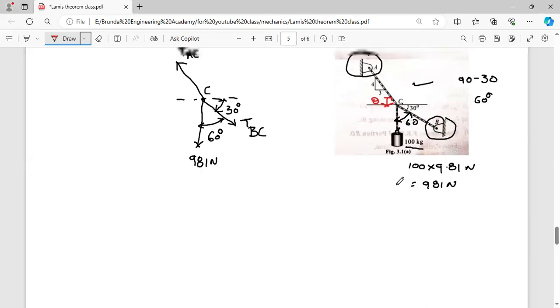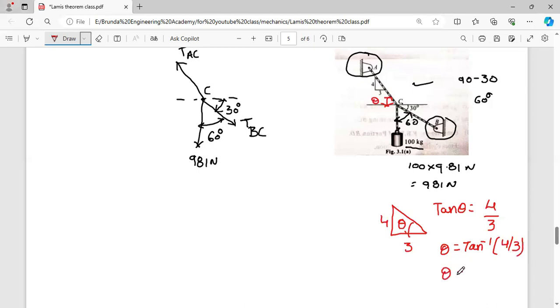If you take that right angle triangle as shown in the diagram, it is 4 and 3, and this angle of inclination is theta. Apply tan theta equal to opposite side 4 over adjacent side 3. Then theta equals tan inverse of 4/3.